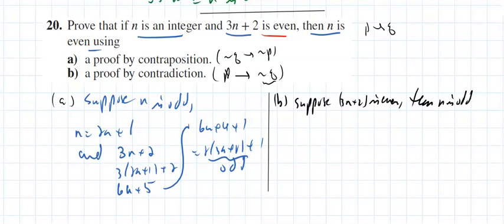Well, if I take 3N to be even and N is odd, can't I say 3N plus 2, which is even, and add or subtract? Let's say subtract. You could add to it. Plus N, which is odd.